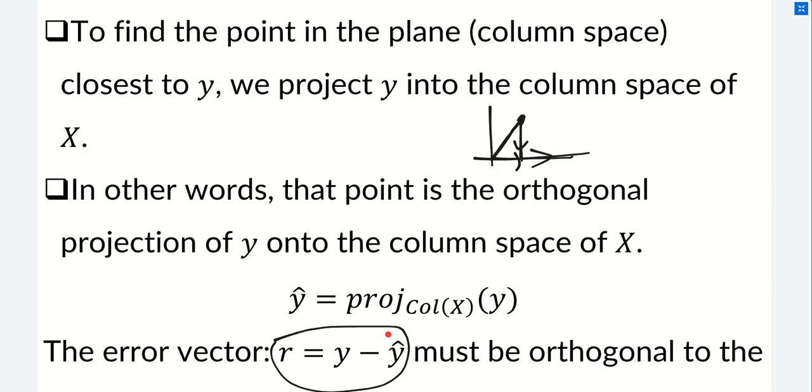So you see that now we are using only linear algebra to determine our error. We are just doing vector projection. We are projecting from one column space to another.